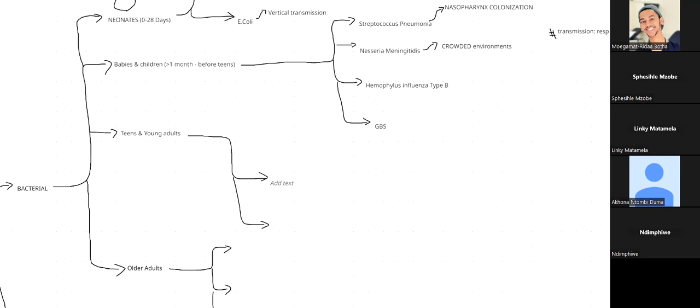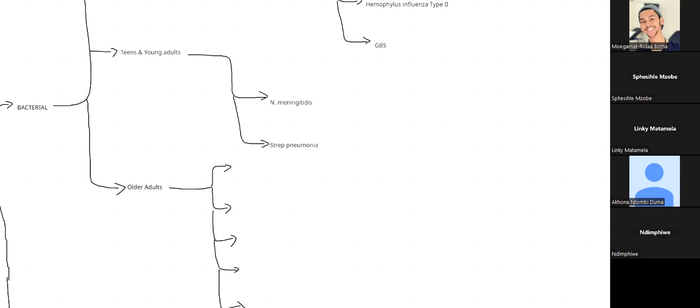In older adults, you get Streptococcus pneumoniae, as well as Neisseria meningitidis, and then Haemophilus influenzae type B, so that's HIB.